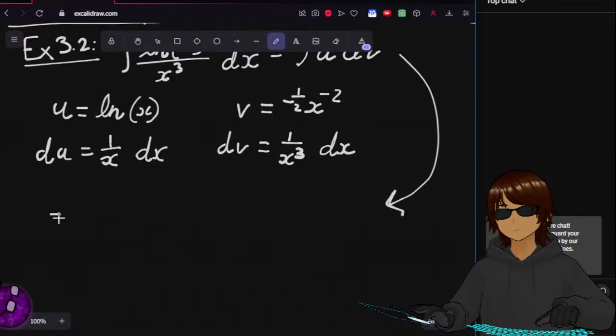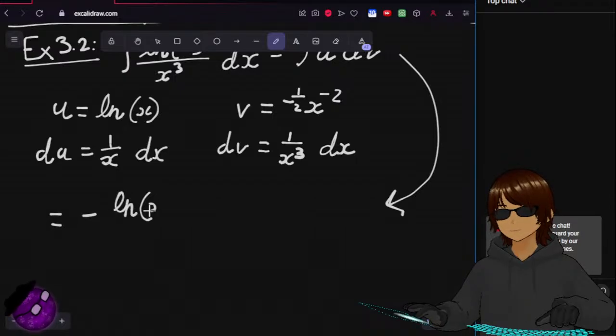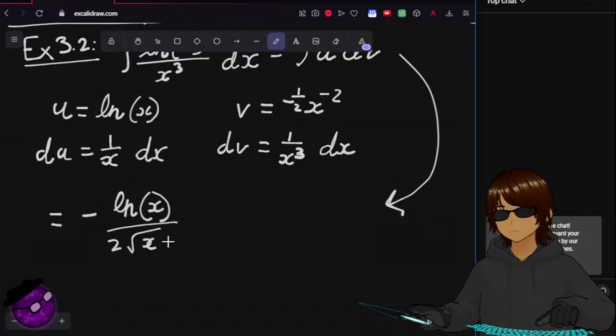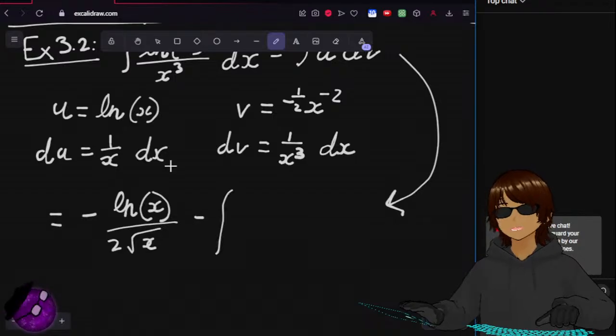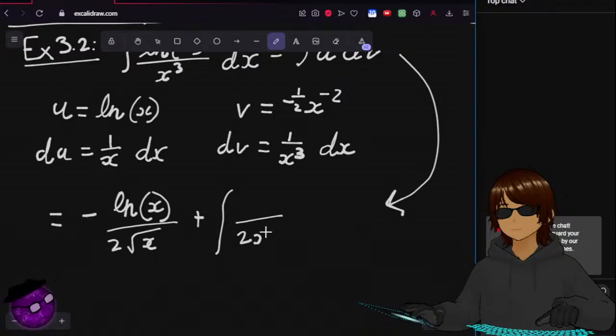So then this is equal to u times v minus, and then subtract it with the integral v, but since I'm subtracting, I just type plus v times du. So v times du, I get this.